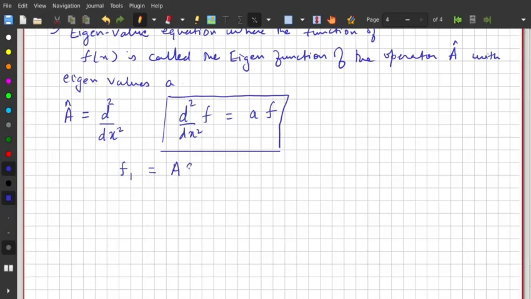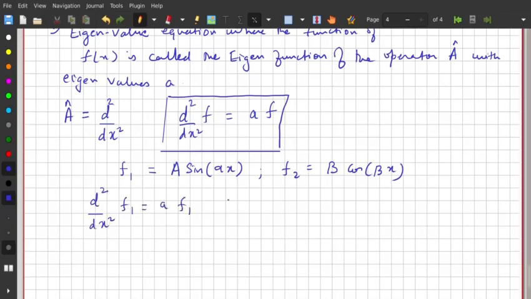So it's f1 equals a sine alpha x, and similarly we can have f2 equals b cos beta x. If we substitute f1 or f2 in the eigenvalue equation, d2/dx2 of f1 is a times f1.